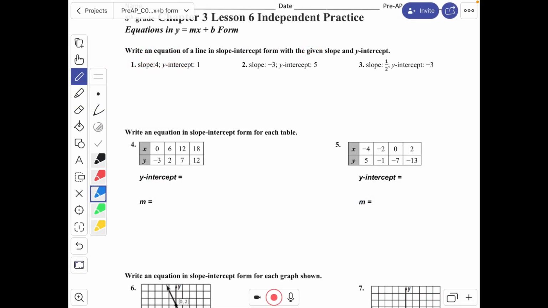Let's look at some of the problems you're going to be doing by yourself. The first few, they just flat out give you what the slope is and what the y-intercept is, and you're going to plug them into the formula. So looking at number 3 maybe, it'll be y equals something times x plus something. Remember, the number beside x is the slope, and the other number, the constant, the number by itself, is the y-intercept.